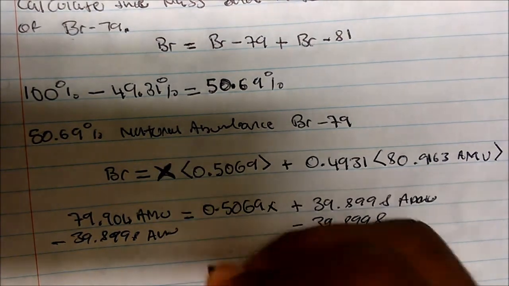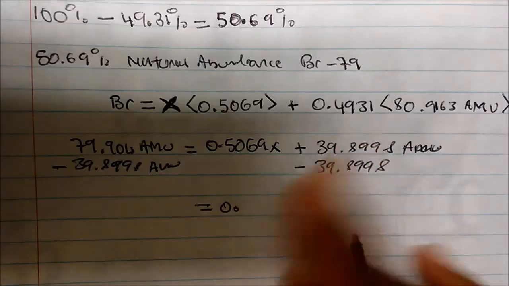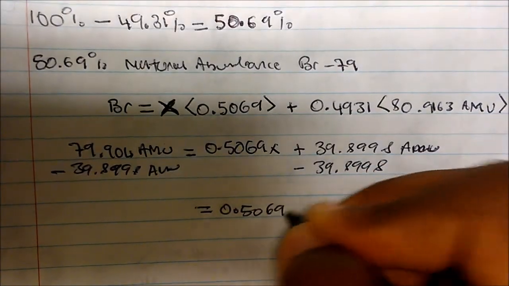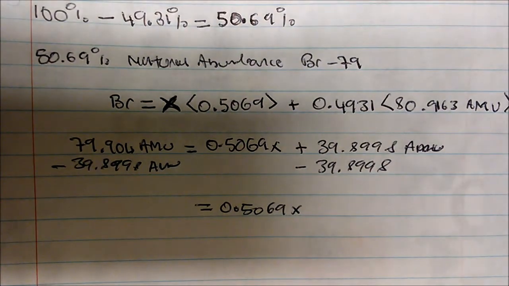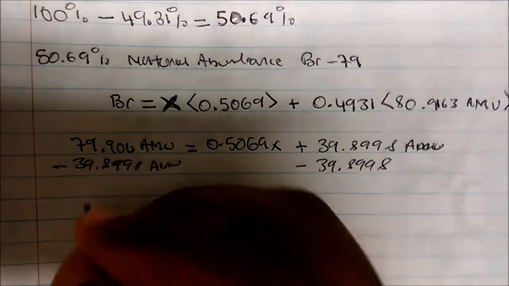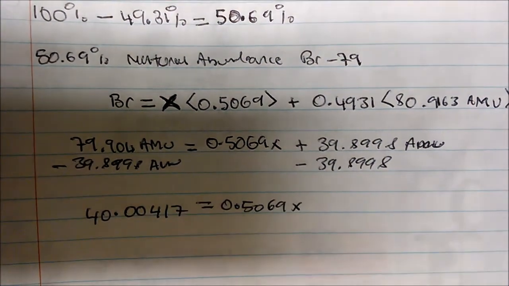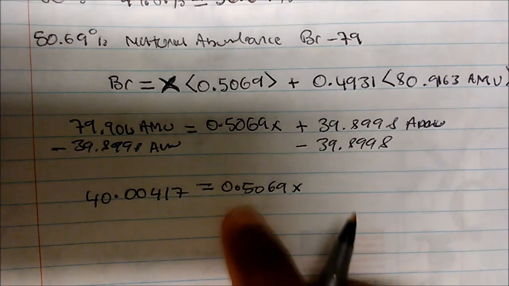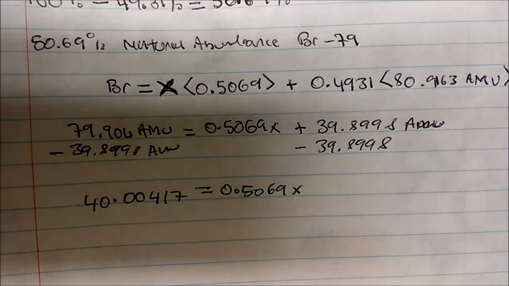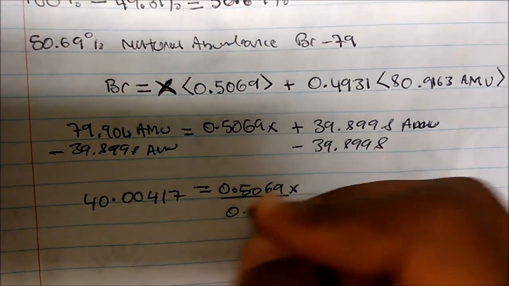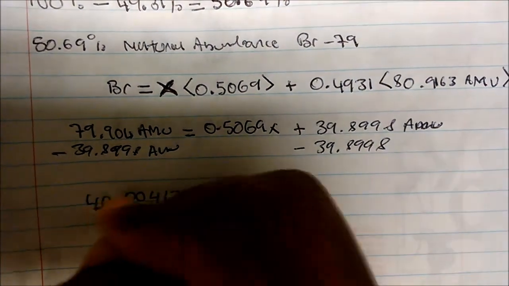And so essentially I'm going to be left with 0.5069x, and if I do the subtraction for this one, I'm going to get 40.00417. Essentially if I'm solving for x, which is Br79's atomic mass, then I just divide by 0.5069 on both sides.